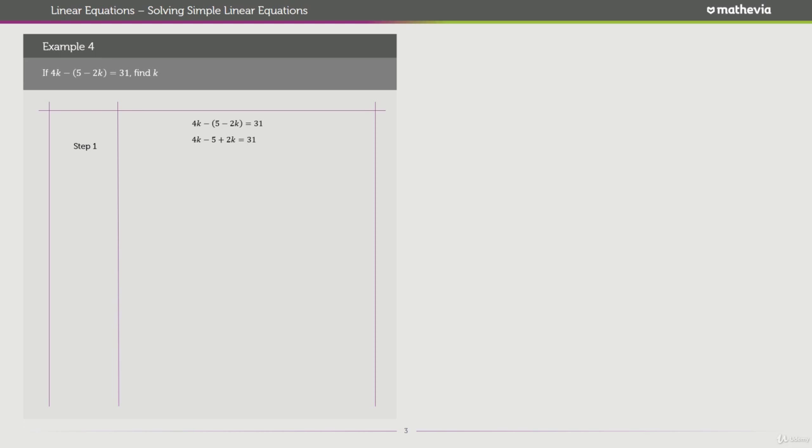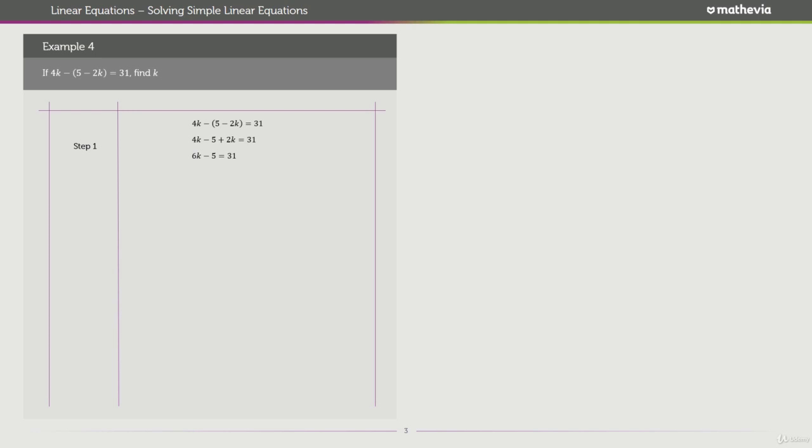So what do we do from this point? Now we have a number on the left, and we don't like numbers on the left, do we? So we're going to move that number over to the right. We opted to simplify first.